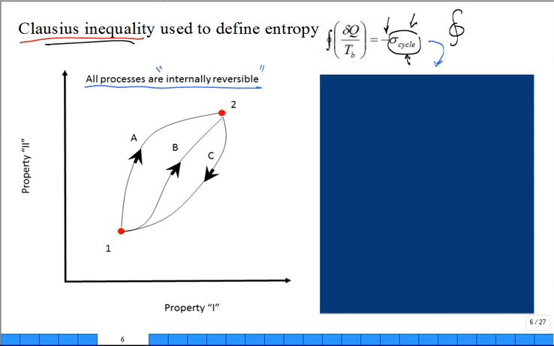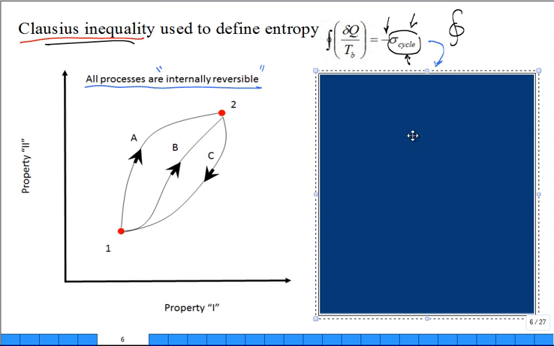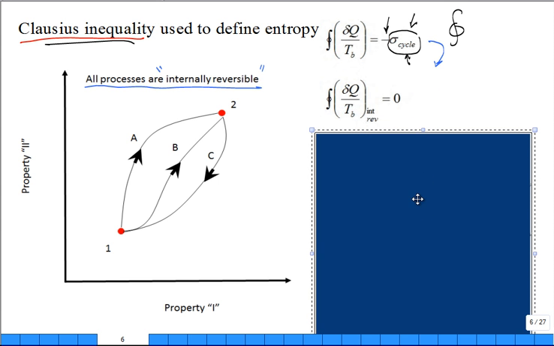I lower the box and scoot down to reveal more information. It's 0 on the right-hand side. That's now our equation. It used to be an inequality that introduced negative sigma to make it an equality, and when it's internally reversible, sigma is equal to 0.